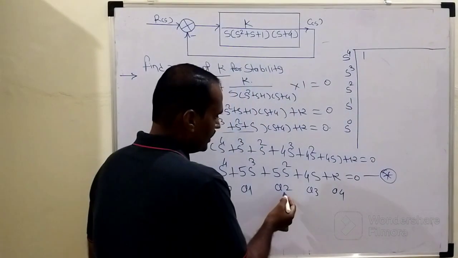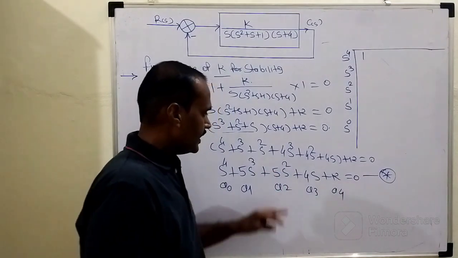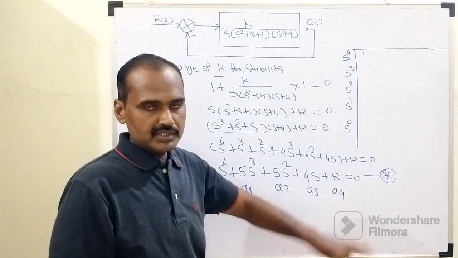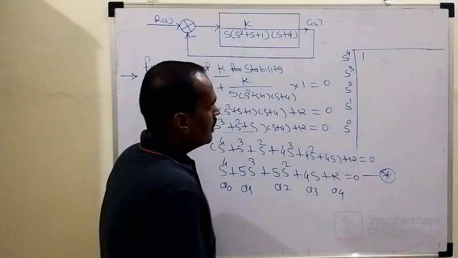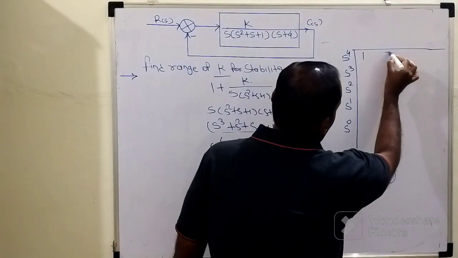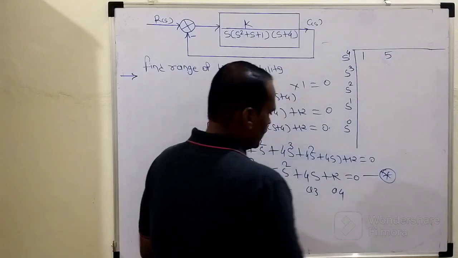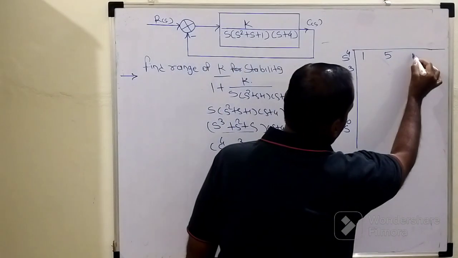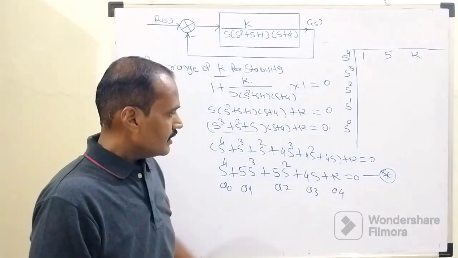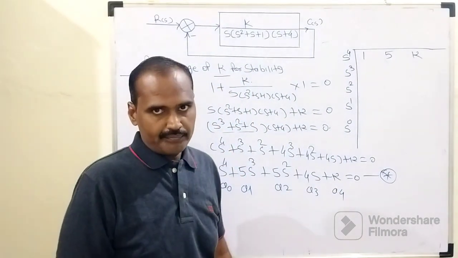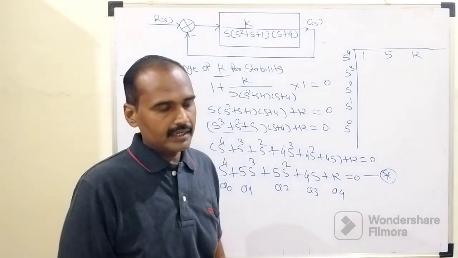The next even term is a2, which maps to 5 times s square. Here the coefficient of s square is 5. So a2 will become 5 after this a0. a4 equals what? This k term itself. We are supposed to declare the desired range of this k for the sake of stability, right?